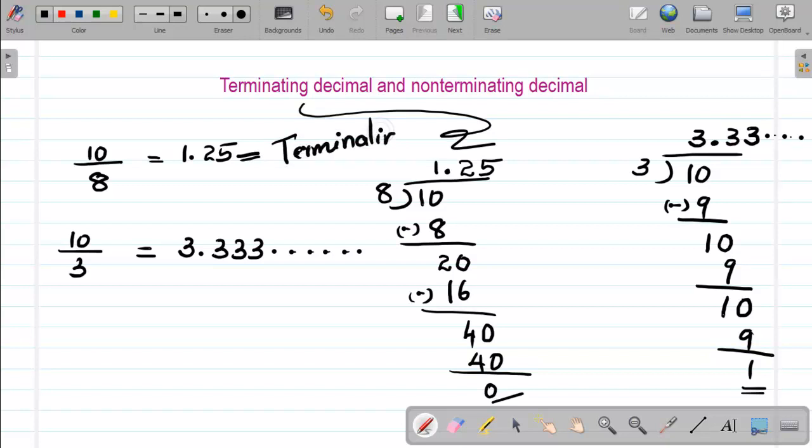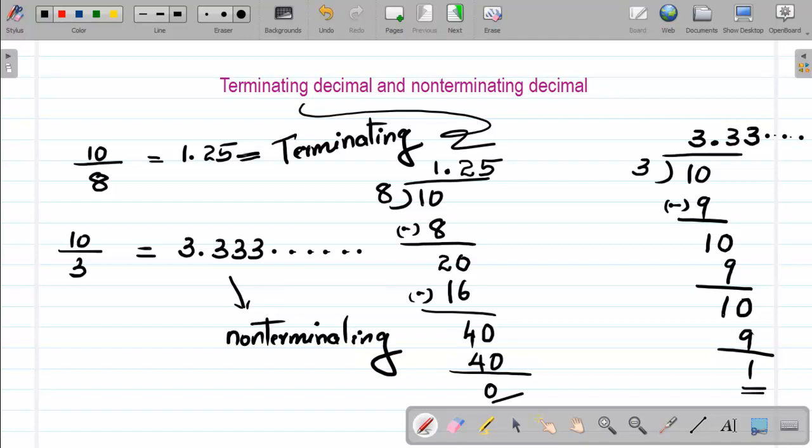And in the second case, the remainder is not equal to 0. The remainder value will repeat, so the corresponding quotient, that is 3.333, is called a non-terminating decimal.